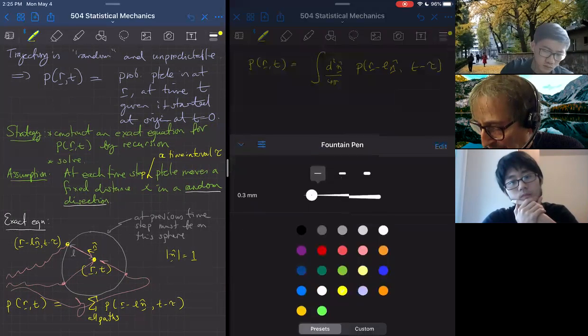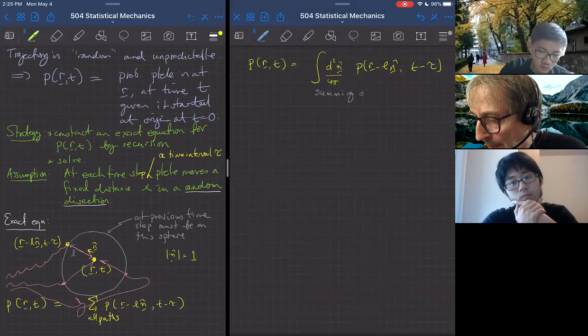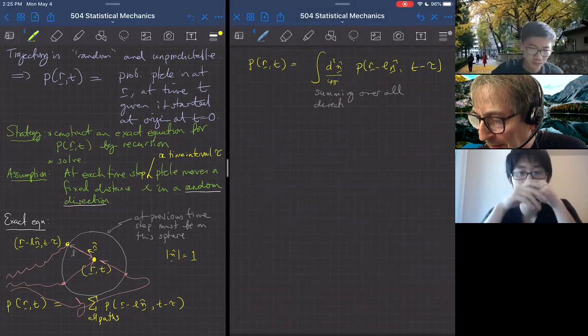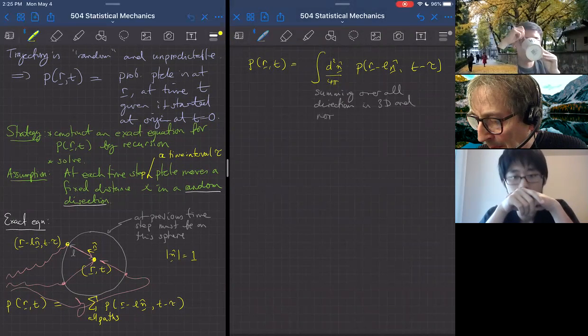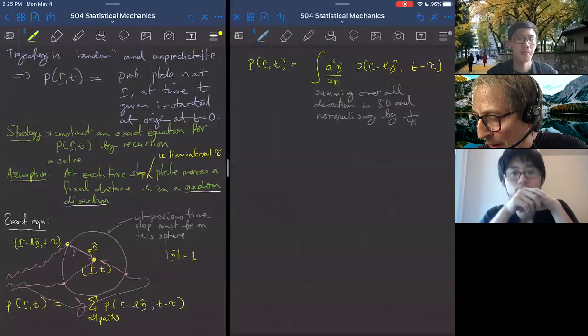So this thing over here is then summing over all directions in 3D, and normalizing by 1 over 4 pi.